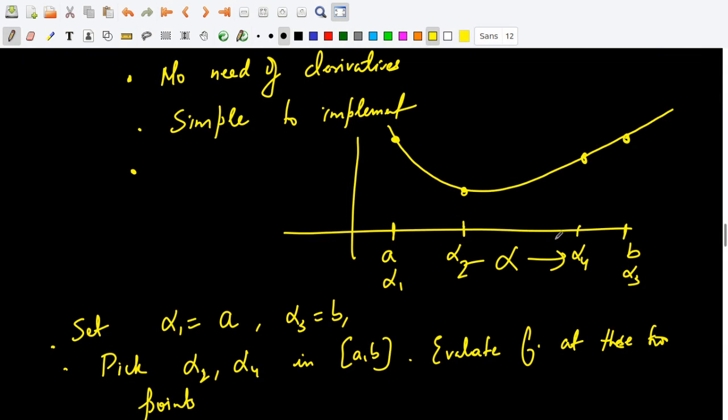So what this method does is it chops off the least interesting part of the curve. So here, for example, we know that if there are 4 such values given to me, I don't know the shape in between.